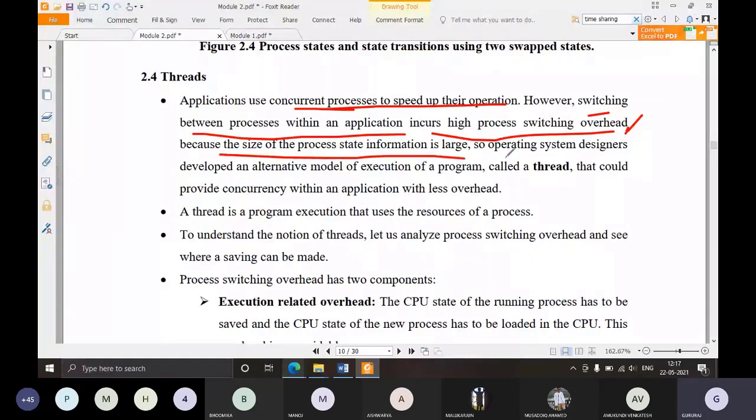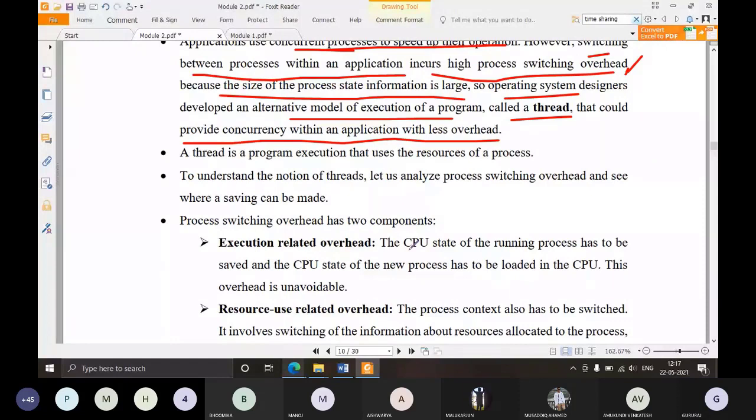So operating system designers developed an alternative model for execution of a program called a thread, which could provide concurrency within an application with less overhead. That is why threads were developed, so that the switching time is reduced.